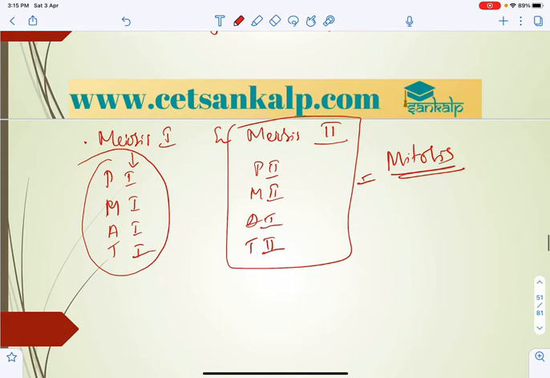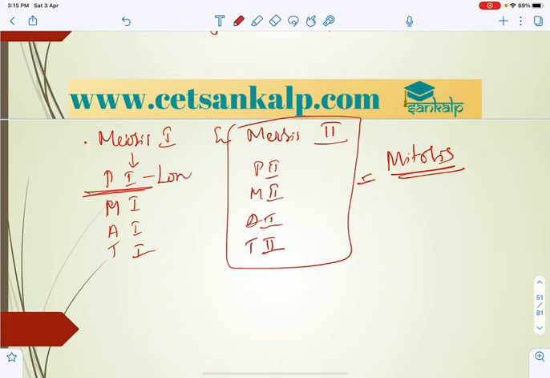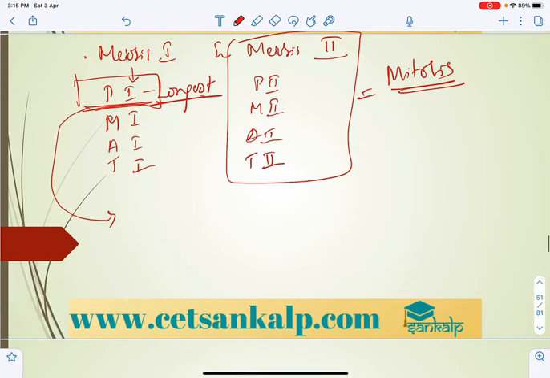In meiosis 1, prophase 1 is the longest phase. Why is it called the longest phase? Prophase 1 includes five subphases. This is very important, we can expect a question here.